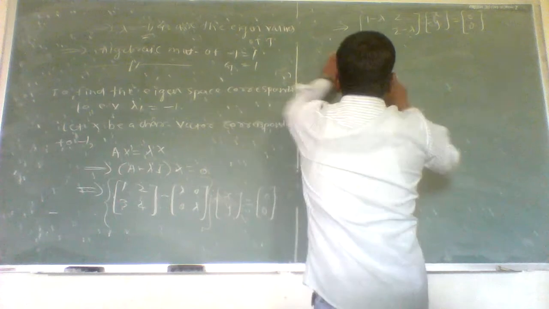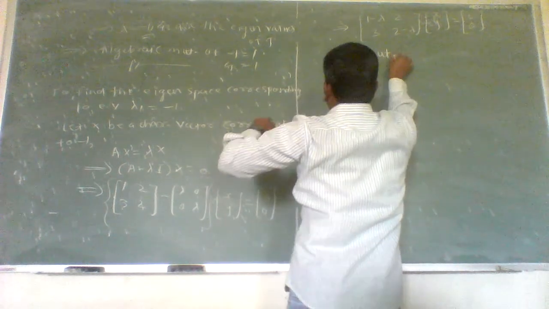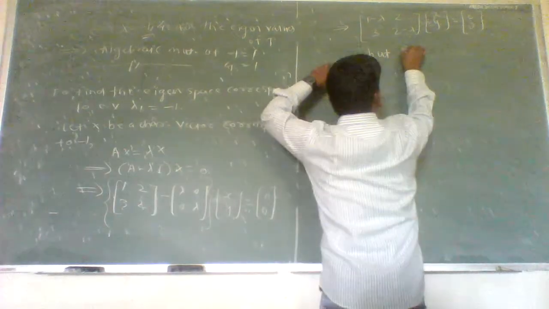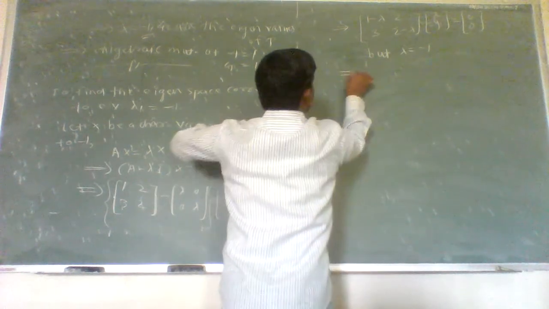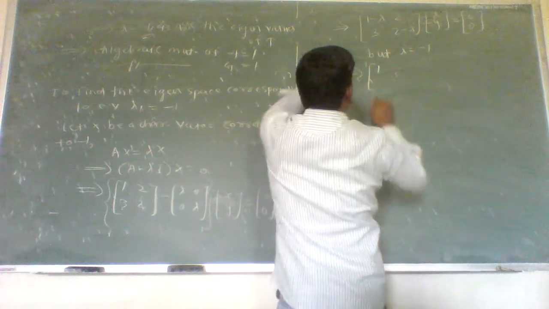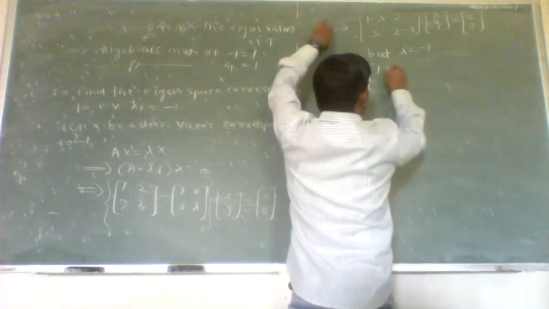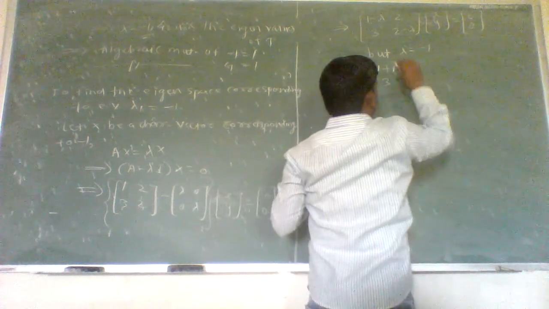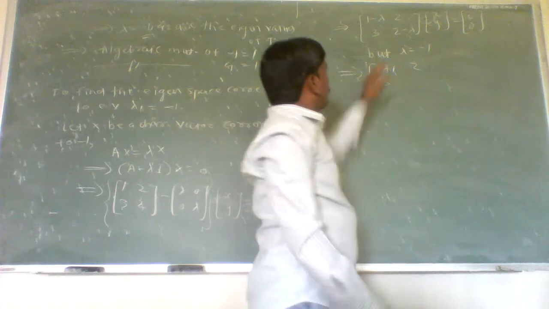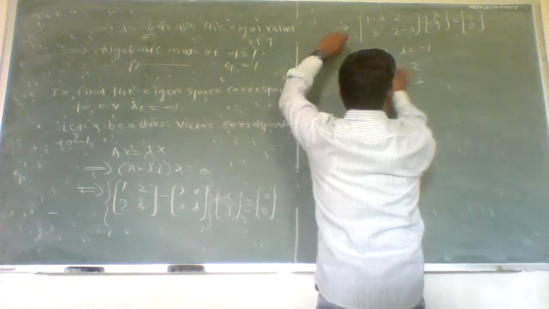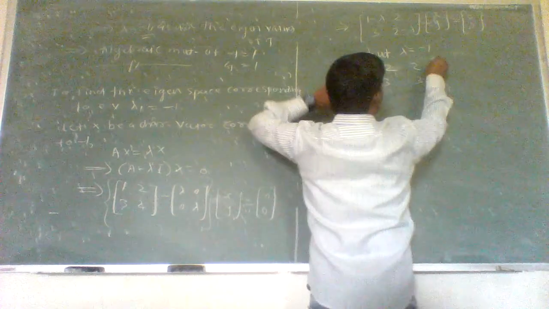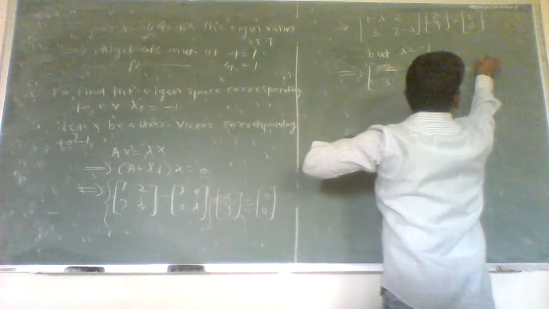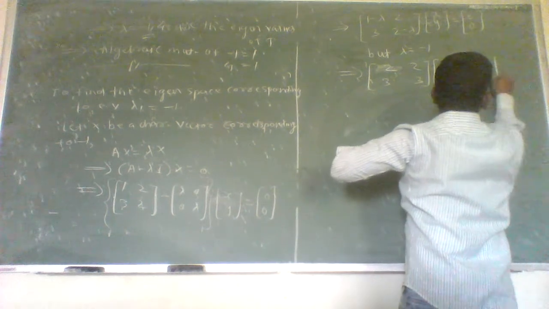Now here we are finding for lambda equal to minus 1. So put lambda equal to minus 1, which implies 1 minus of minus 1, which is plus 1, so 2, 2, 3, and 2 minus of minus 1, which is 2 plus 1, which is 3, times x, y equal to 0, 0.